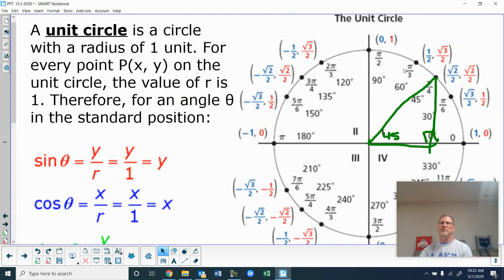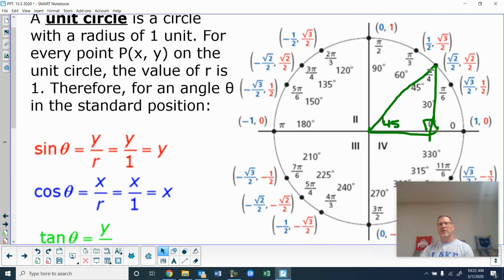So this point, as you can see right here, are those two numbers. So the length of this x side is the square root of 2 over 2, and the length of this y side is the square root of 2 over 2. And remember, the hypotenuse, that radius, is always 1.